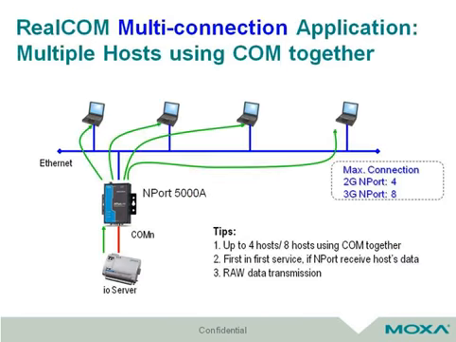Besides, the second generation endpoint 5000 series can support up to 4 hosts, and third generation endpoint 6000 series can support 8 hosts using the same COM port together. It's especially suitable for data backup. However, there's an important point I need to remind you.